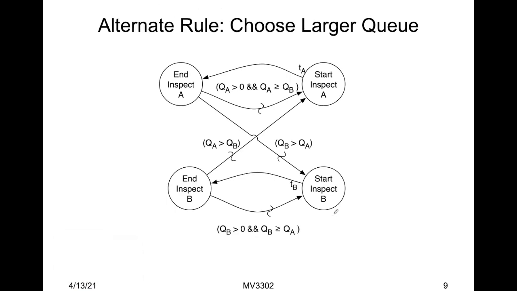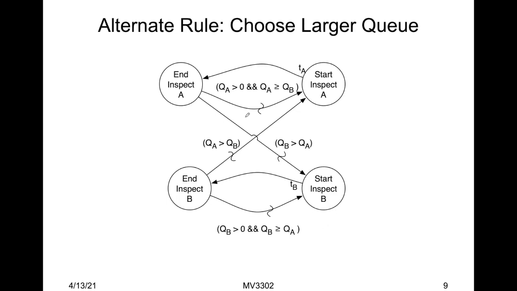Here's another possible rule: I choose the larger queue. I have 2 queues, and even with the switching rule, that may or may not balance things out, depending on how many workers I have. If I have an odd number of workers, then things might get a little unbalanced. So another alternate rule is that if I have more of one type waiting than the other, then I want to choose the larger one.